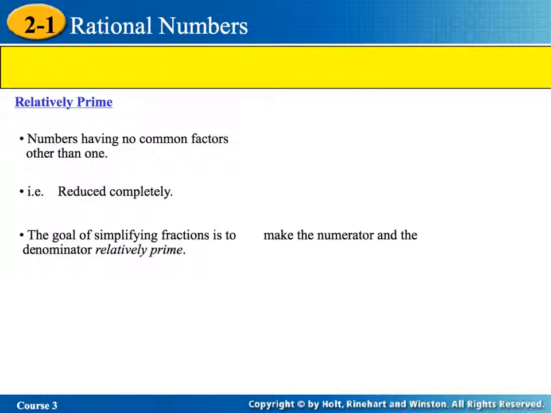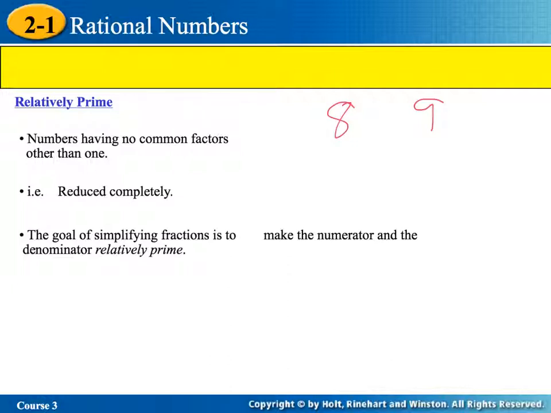Okay, so two numbers, an example of relatively prime, number 8 and 9. These are relatively prime numbers. Why? Because neither one of them have a common factor other than 1. Neither one of those numbers are prime, but because there are no common factors between 8 and 9, those are relatively prime.